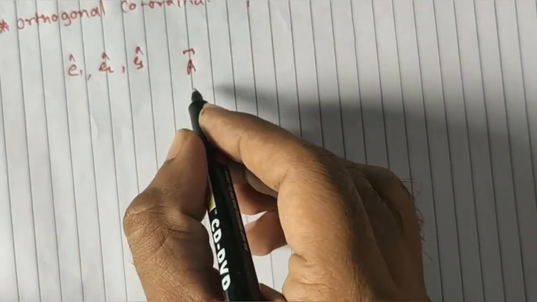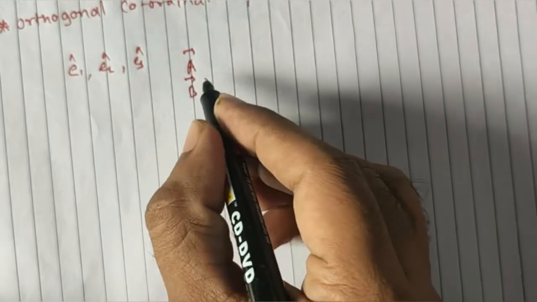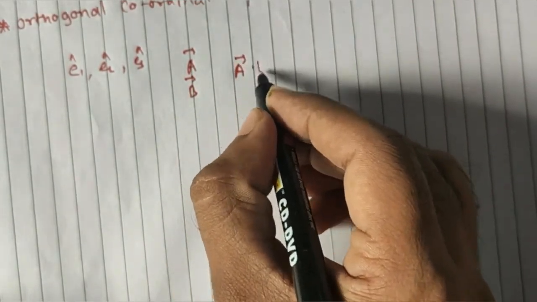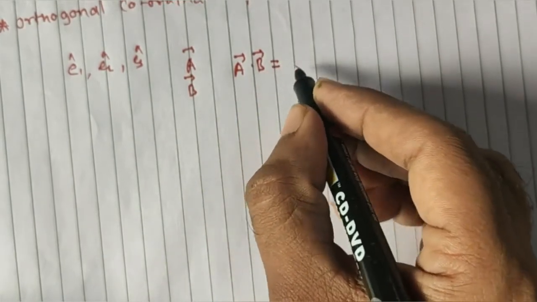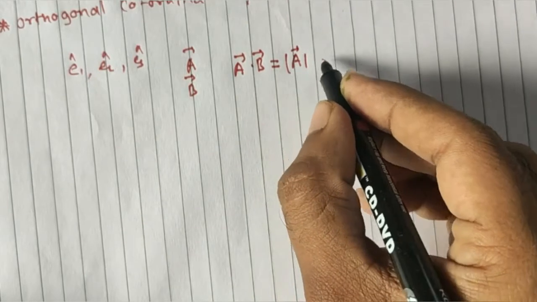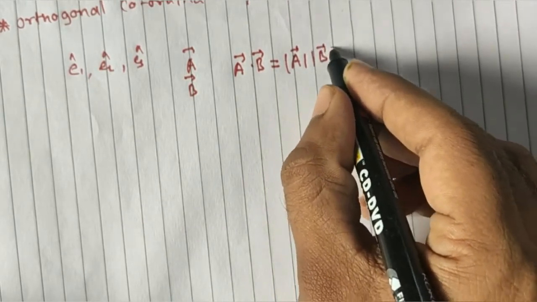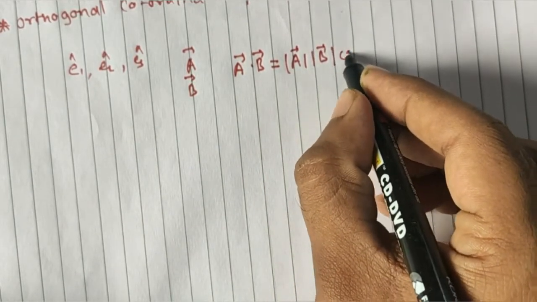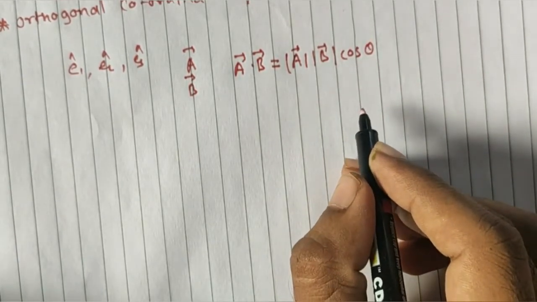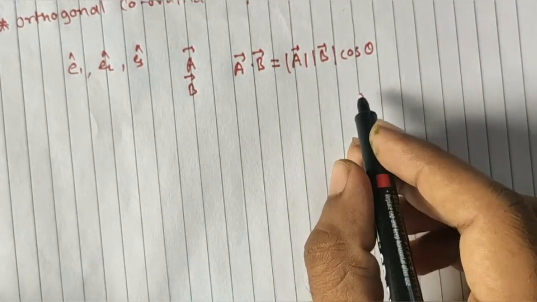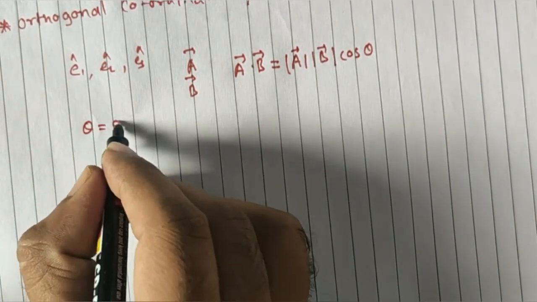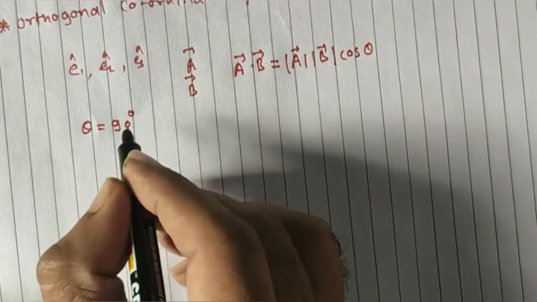If there is some vector A bar and some other vector B bar, if I take dot product between them, A bar dot B bar, I can write it as magnitude of A, magnitude of B, and then cos of the angle between them, cos theta. As you know, angle theta here is 90 degrees.